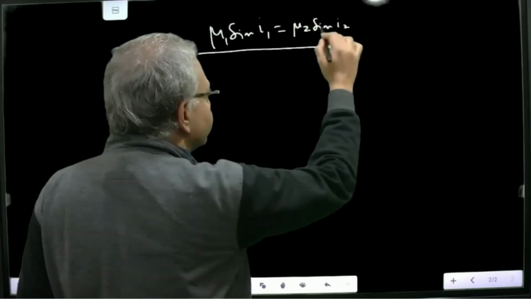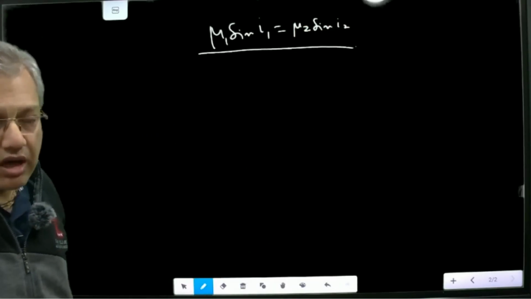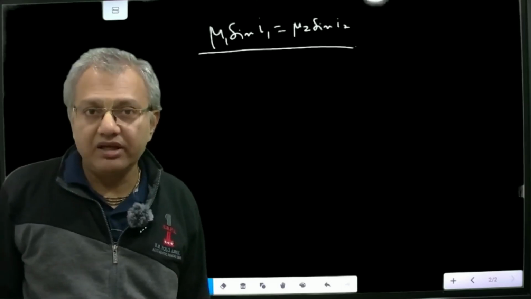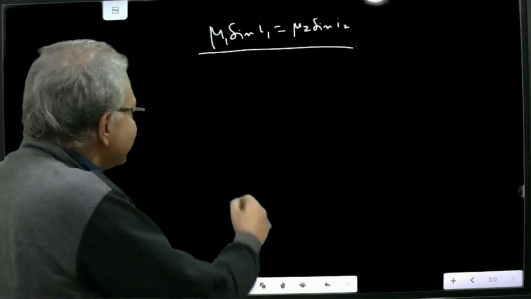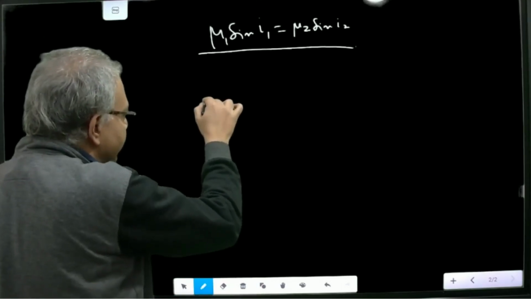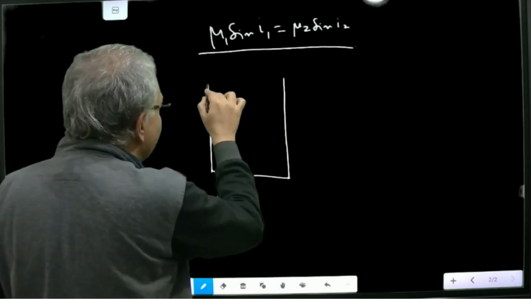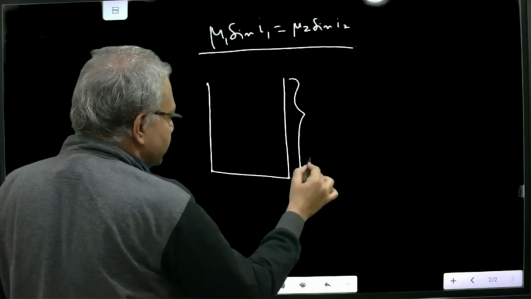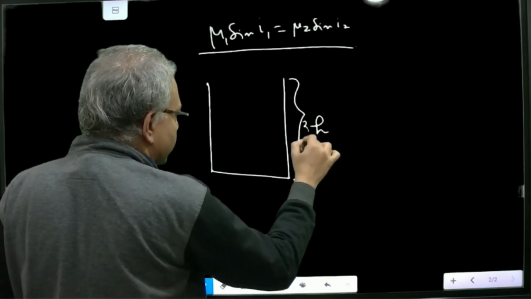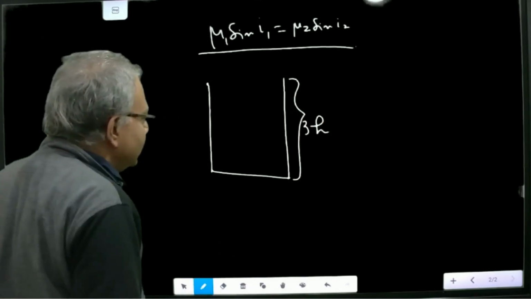This theory, this method, how can I use it in some applications? Let us see. Now see, I'm going to have a container which is having a height 3h.